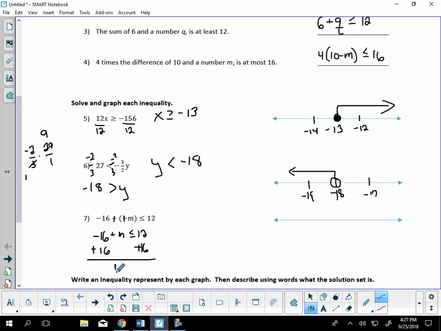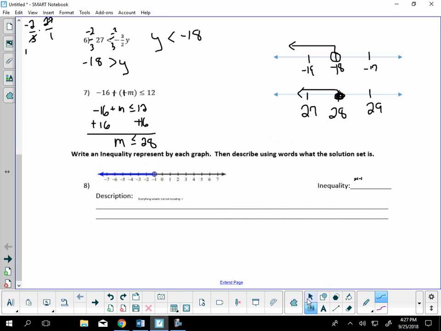And I get m is less than or equal to 28. I'm going to put 28 in the center. A little bigger, a little smaller. Closed dot at 28. Shaded to the left.